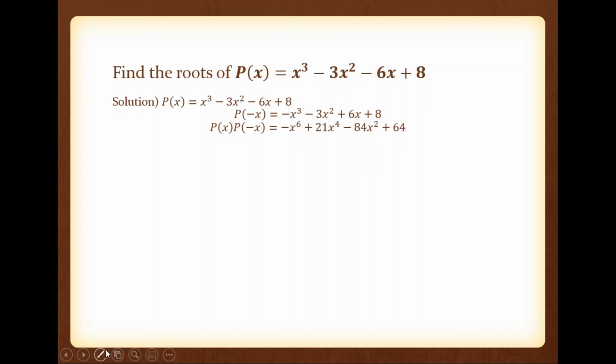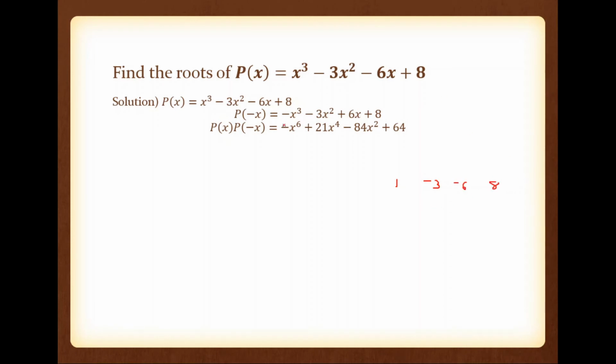How to do that? How to multiply these two? This is p of x, that is 1, then minus 3, then minus 6, then 8.